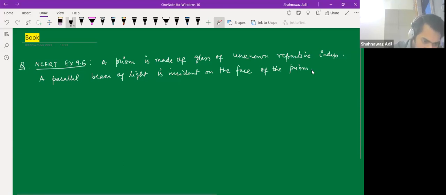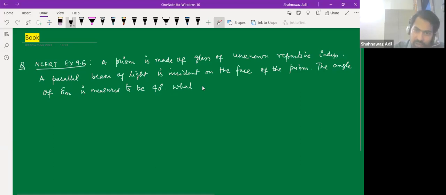The angle of minimum deviation is measured to be how much? 40 degrees, right? What is the refractive index of the glass prism?